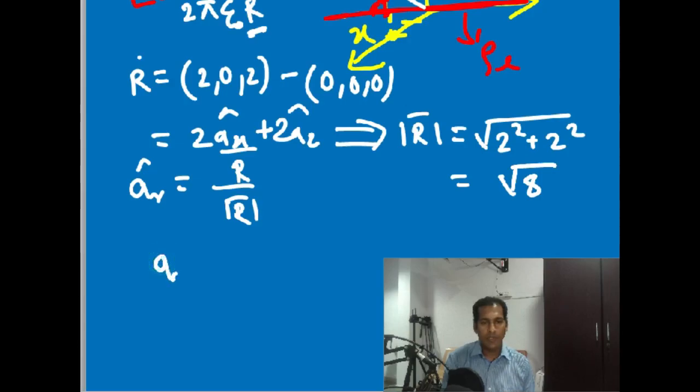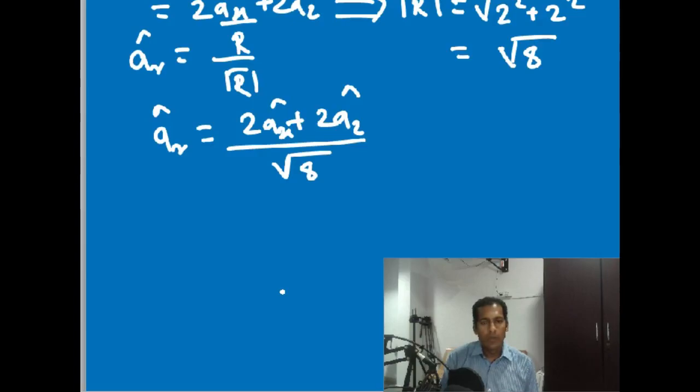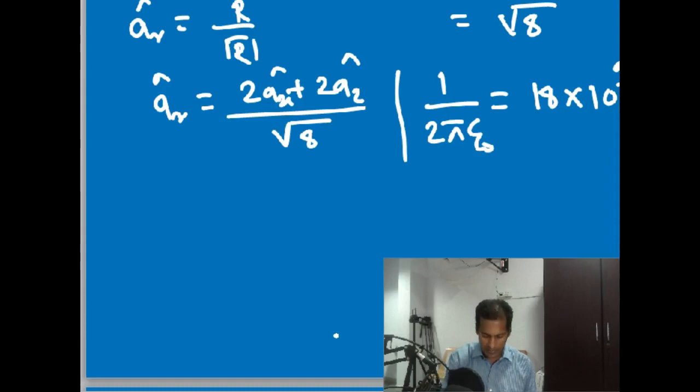So AR cap is equal to 2 AX cap plus 2 AZ cap divided by root 8. In our formula we have a constant, 1 upon 2 pi epsilon naught. This value is 18 into 10 to the power 9.